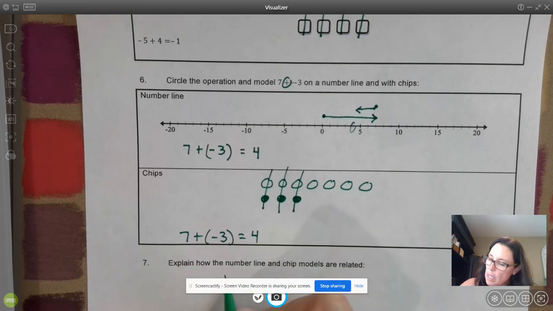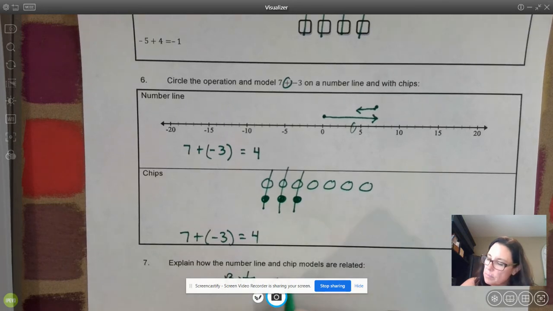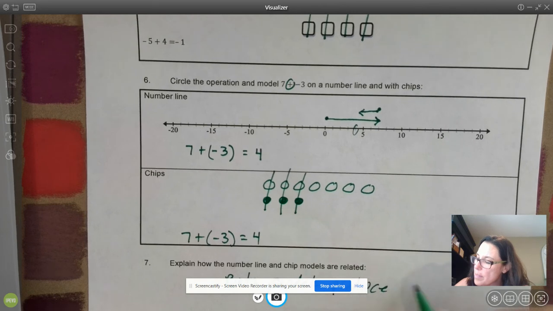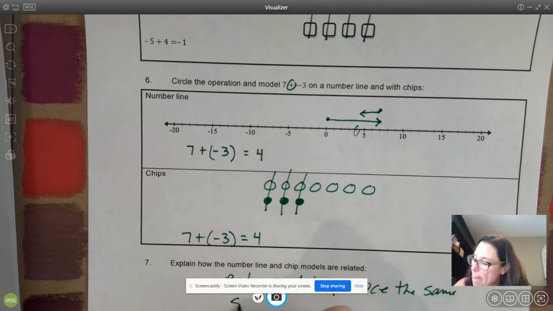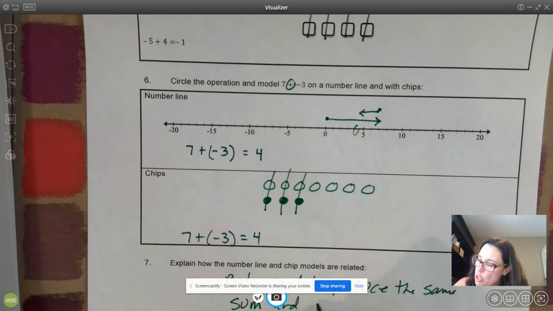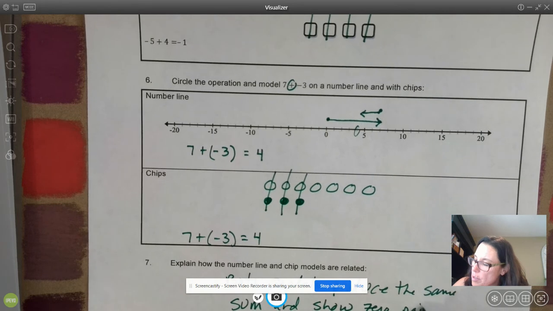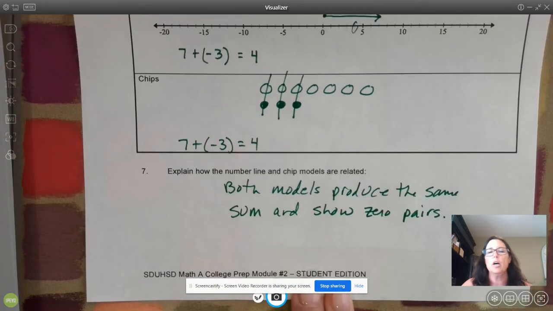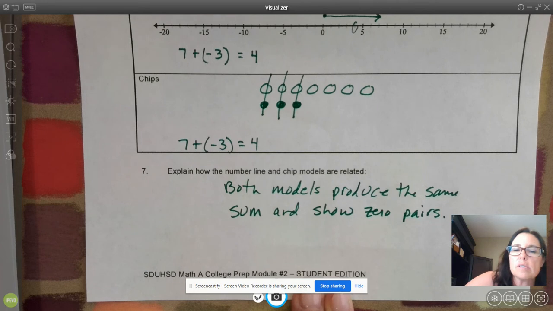Okay, so both models produce the same answer or sum, and show 0 pairs.